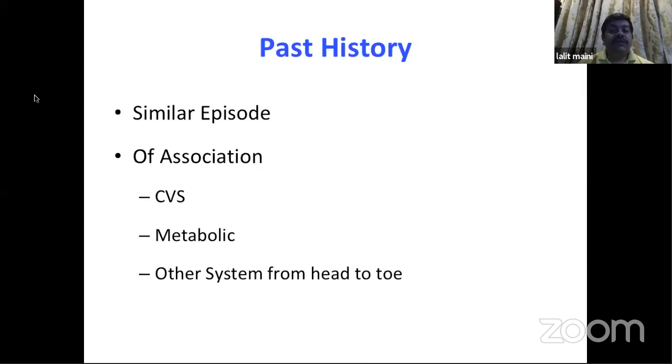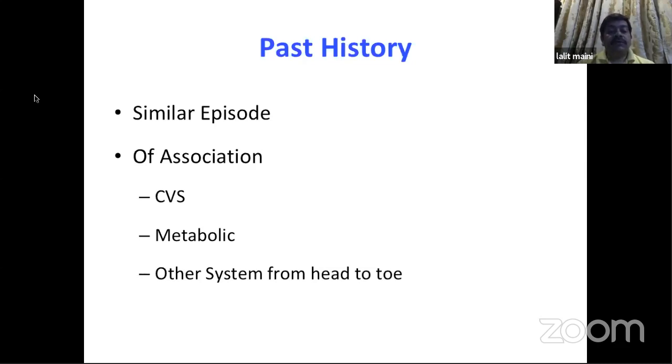So next comes the past history. You want to know something about similar episodes of these symptoms in the past. You want to know any associations of other symptoms of other systems, whether it is CVS, respiratory system, or abdominal.